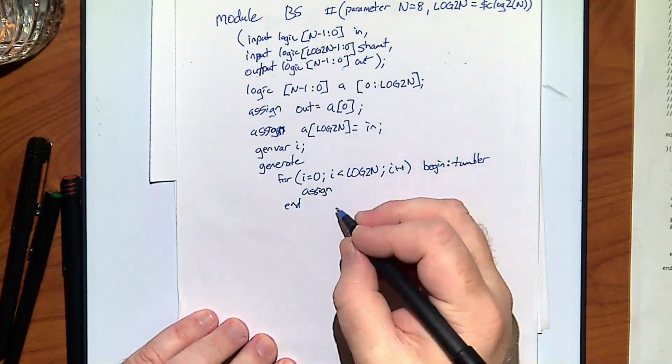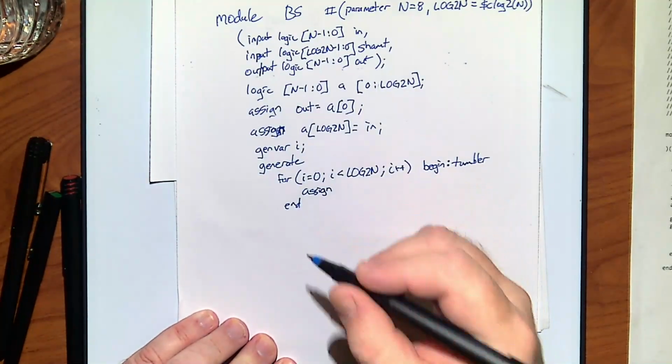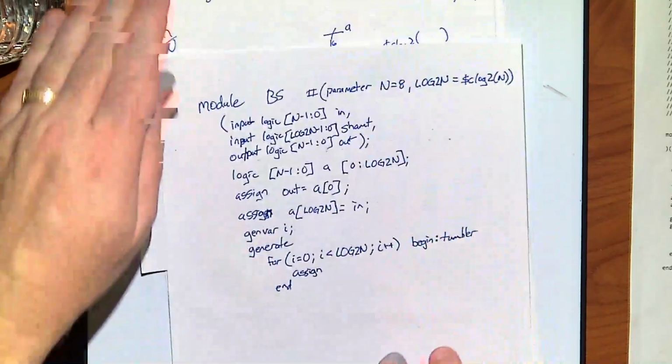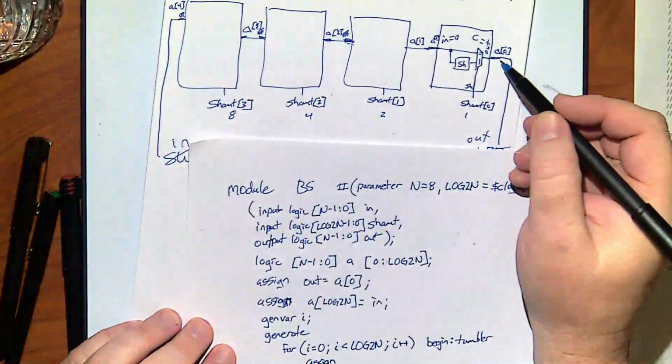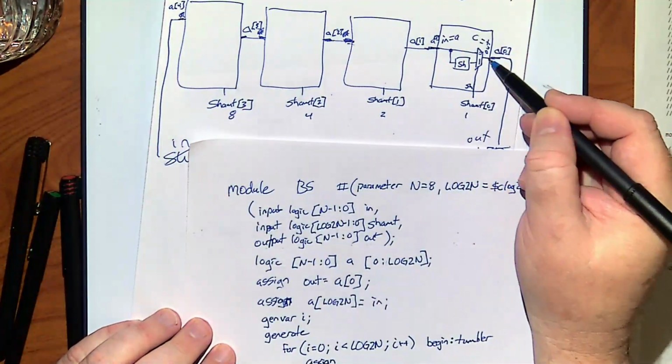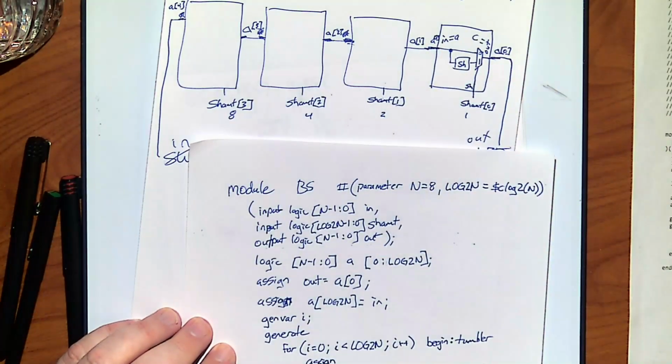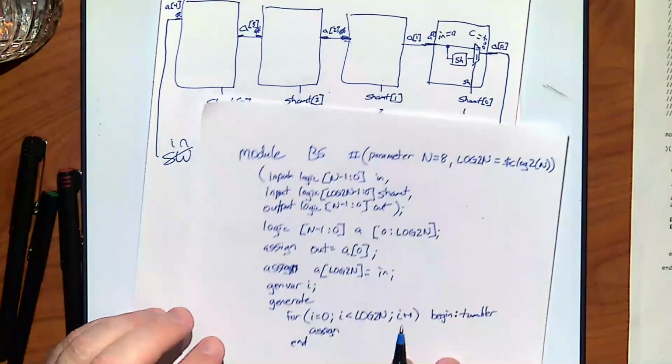So we've got our assign statement. Now we want to assign to it. In our case, the output is the lower number. The input is the higher. Does that make sense?